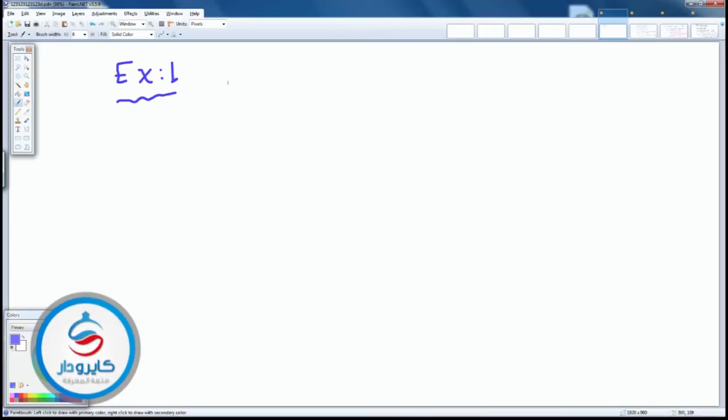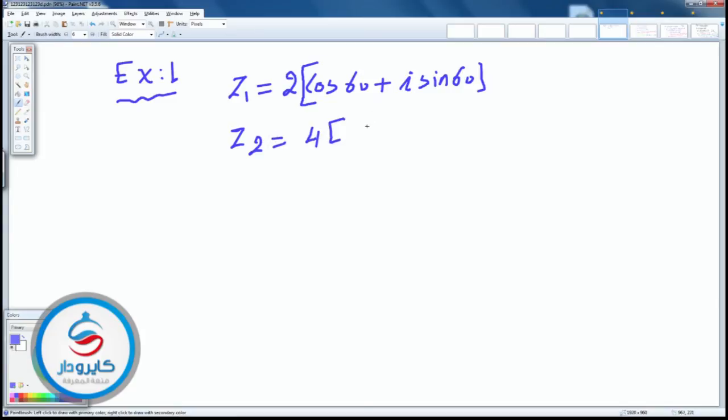If we have Z1 equals 2 cosine 60 plus I sine 60, and Z2 equals 4 cosine 150 plus I sine 150. What about Z1 times Z2?